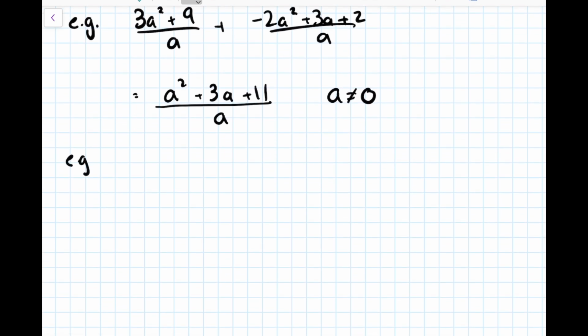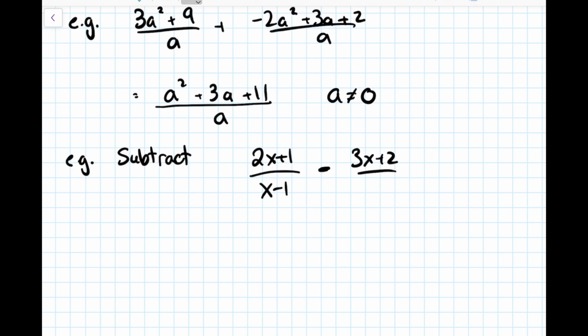Where you're probably a lot more likely to mess this up is when you're subtracting, for a very specific reason. So if I asked you to subtract 2x plus 1 over x minus 1 minus 3x plus 2 over x minus 1.